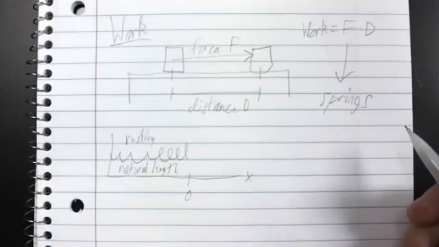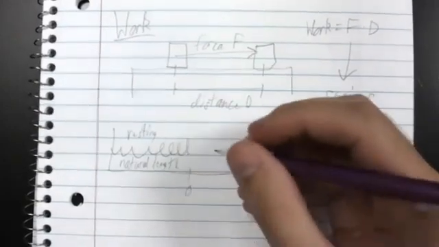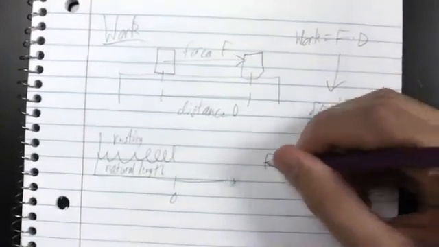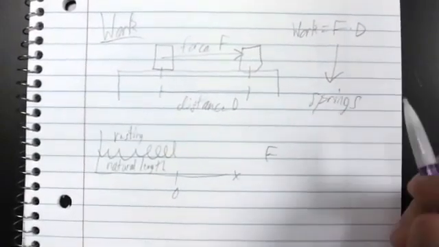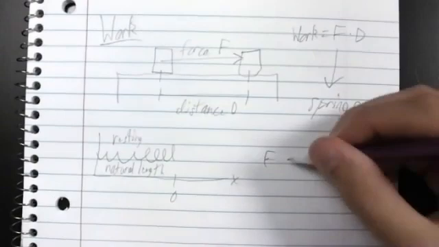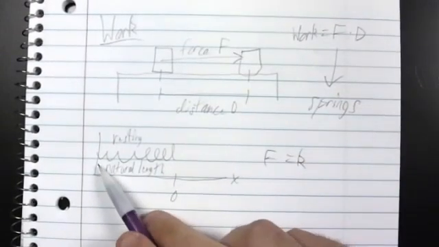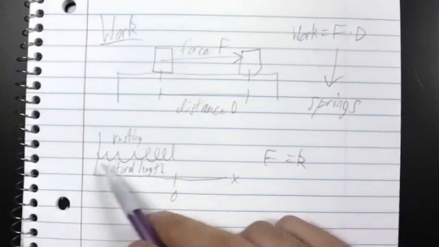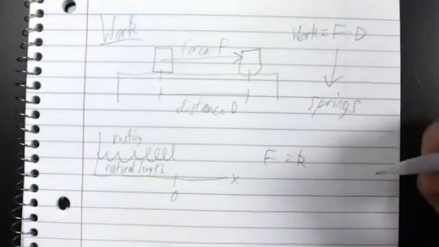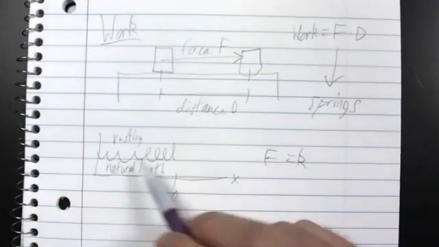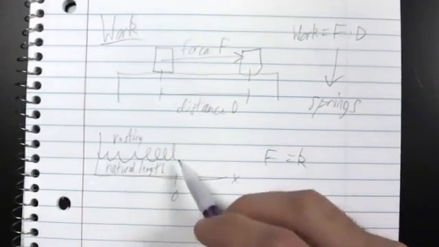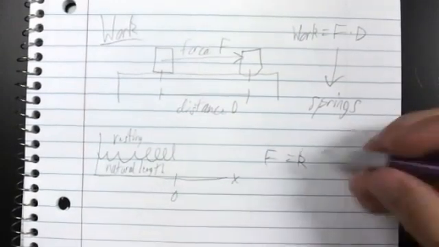It's on the x-axis. 0 starts not where the spring starts, but at its resting position. Okay. So we can model the force required to keep a spring stretched or compressed by some constant k. It's proportional to the distance that it is already stretched, or the distance from its natural resting point.